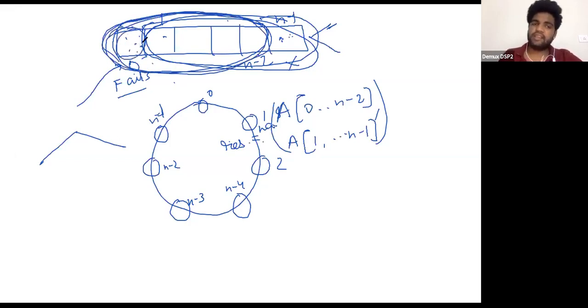We are just saying that whatever answer there will be will either have 0 or, if it has 0, it will not have n minus 1. If it has n minus 1, then it will not have 0. So you can just find out the maximum for this, whatever it is. Right, Ishan? Does this make sense?